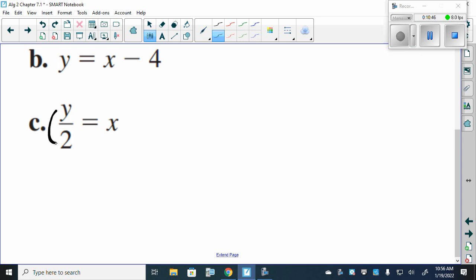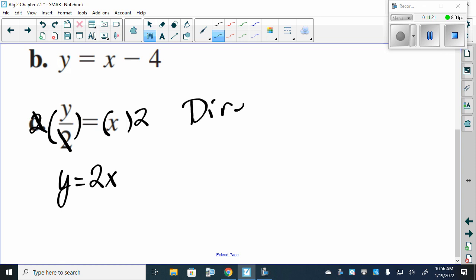One thing that we could do is multiply both sides by 2 to get it in a way that looks a little bit better. 2 times y over 2, well, the 2 and 2 cancel, telling me that y is equal to 2 times x. That is one of the setups for direct variation, isn't it? y equals a times x. So we can say that this is a direct variation, yes?